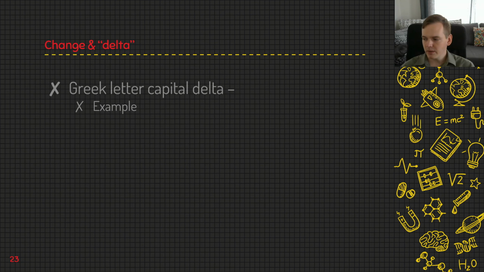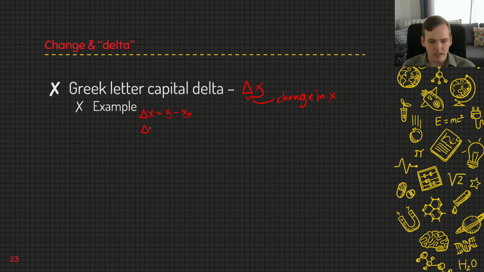So when we're talking about these changes, we use the Greek letter capital delta, which is this triangle symbol, and we say delta x. This means change in x. And we typically write this as delta x equals x minus x naught, the final value minus the initial.